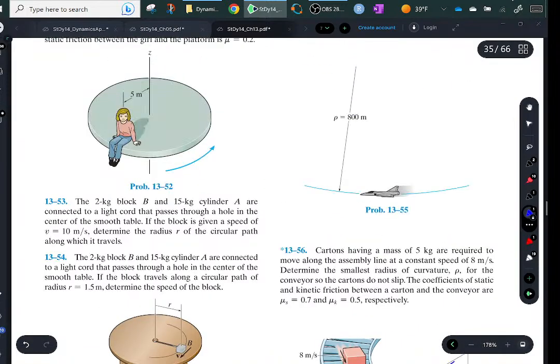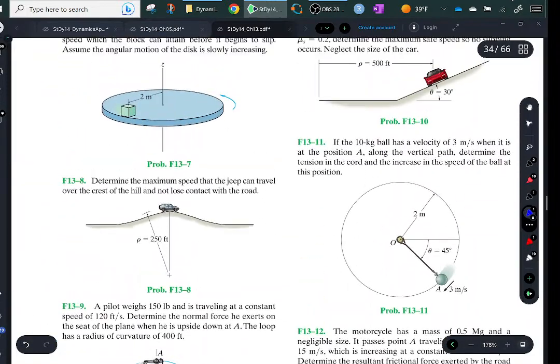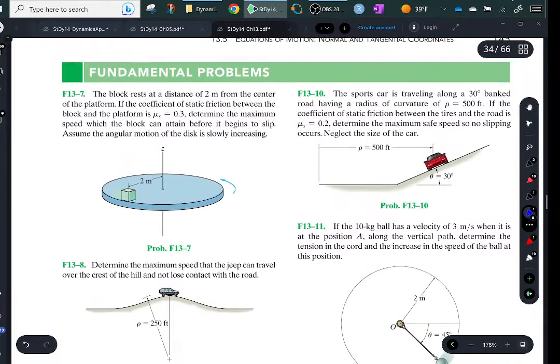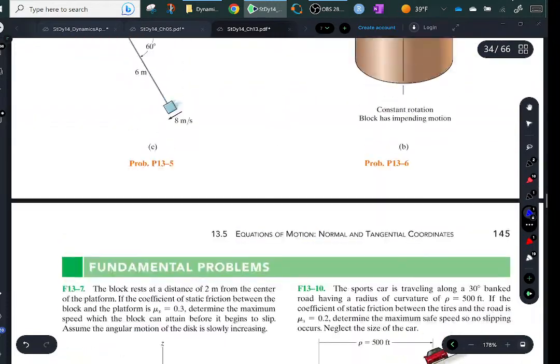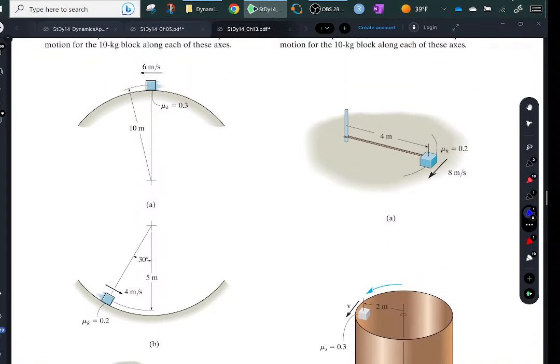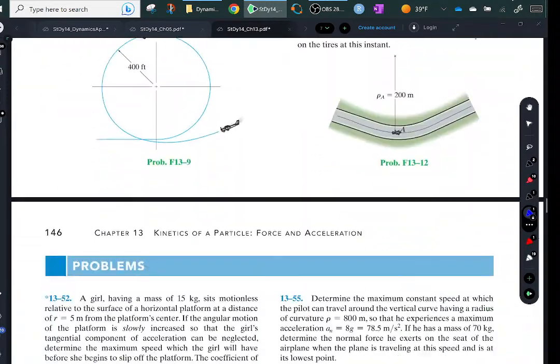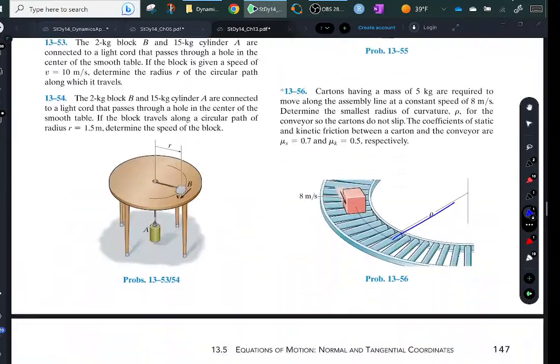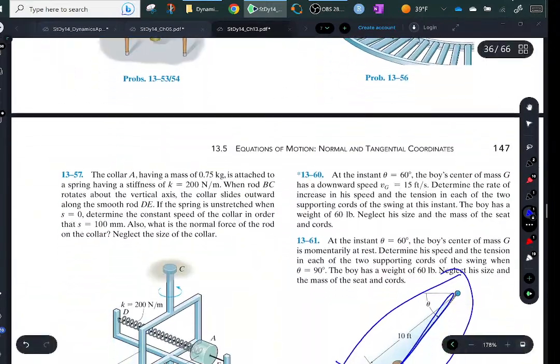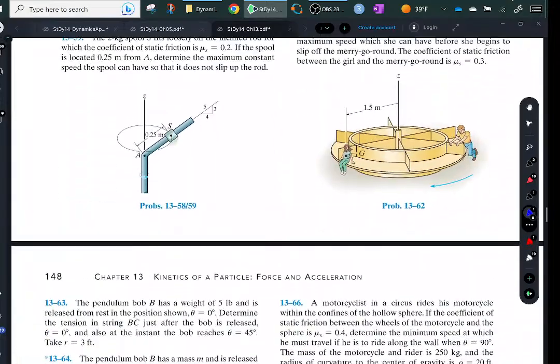Constant radius out here. Now you can't have ski jumpers and stuff like that, but I don't know that I see any of those. Constant radius, constant radius. Those are all constant radius.